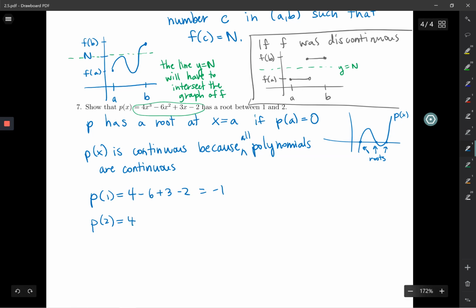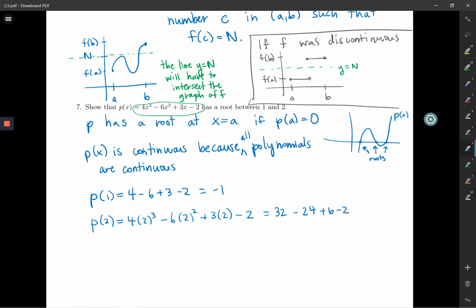So we get 4 times 2 cubed minus 6 times 2 squared plus 3 times 2 minus 2. So this first one is going to be 2 to the 5th, which is 32, minus 24 plus 6 minus 2.